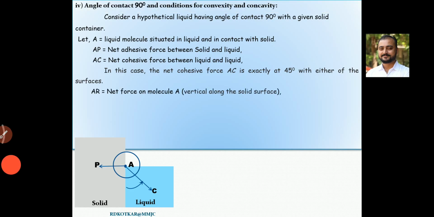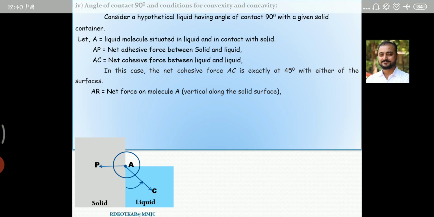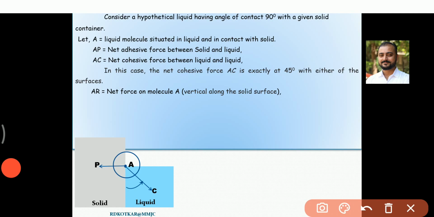Then what about the AR, the net force acting on molecule A? Okay, what is that? Resultant force acting on molecule A. Okay, that is vertical along the solid surface. Okay, as you observe, where is the resultant force acting? Okay, now we observe here according to the law of parallelogram. Okay, I will just show you where the resultant should be present. So let's just draw parallel to the AC.